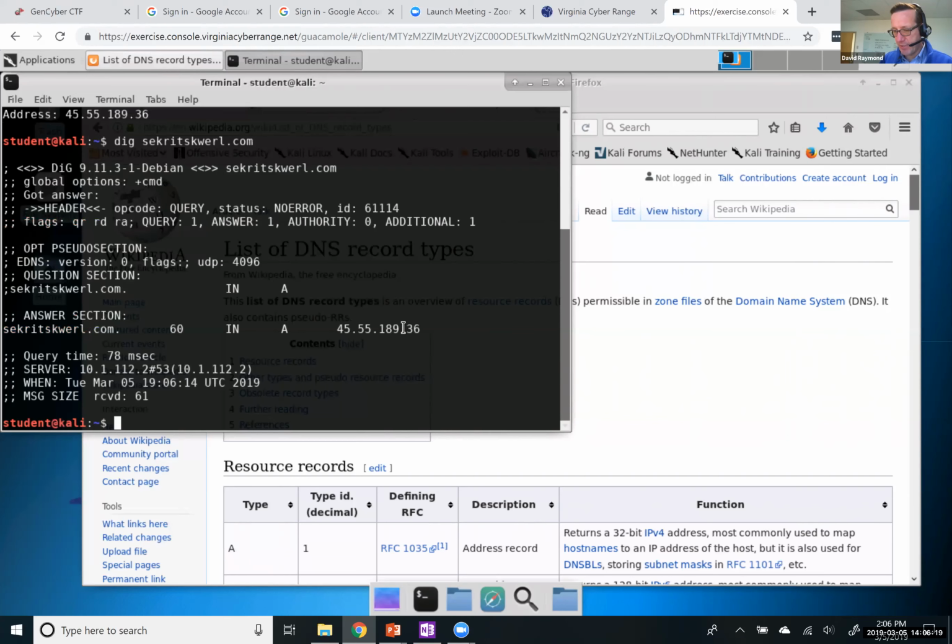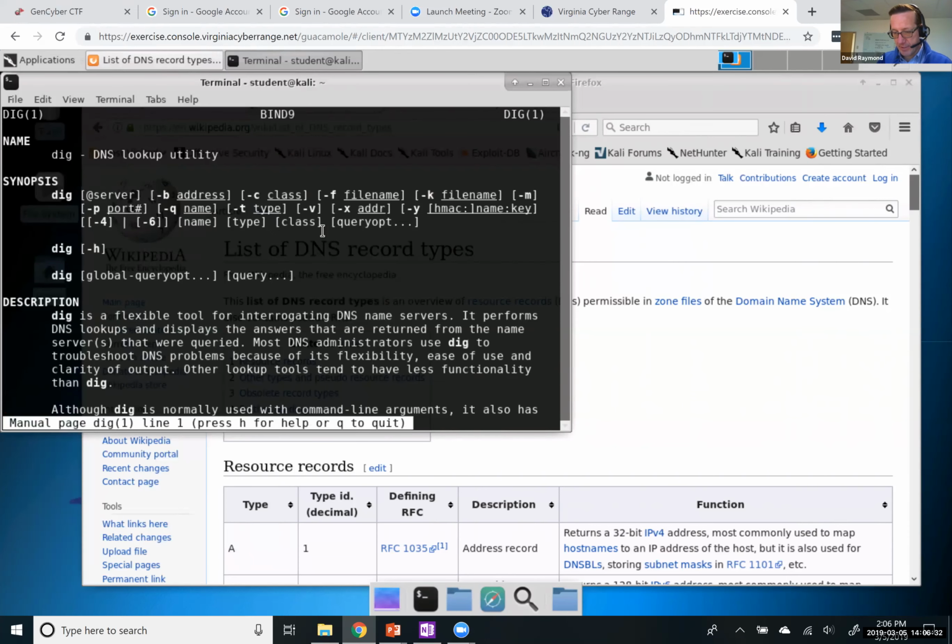I get the same IP address out, right? This is the A record. Dig in general gives you more information, and there's actually a way to use dig to get all the different query types.